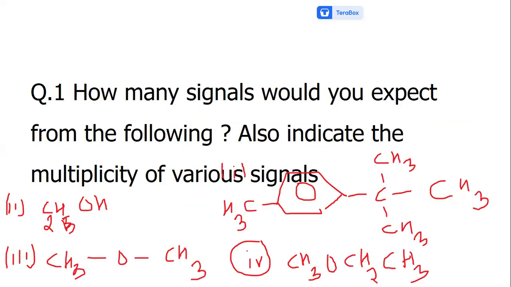There is one environment for this methyl and another environment for this methyl and the ring proton.